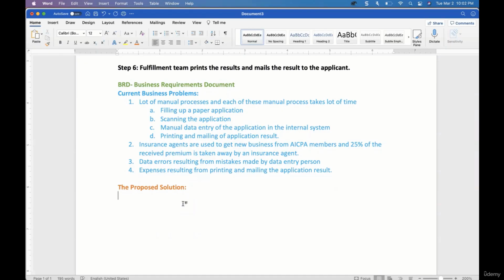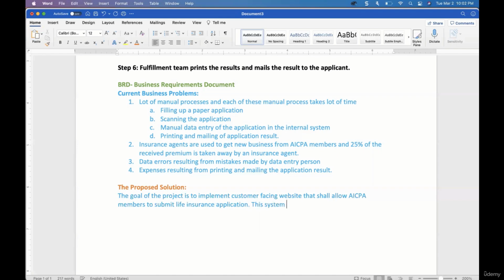So the way we'll write the proposed solution will be: the goal of the project is to implement a customer facing website that shall allow AICPA members to submit life insurance applications.